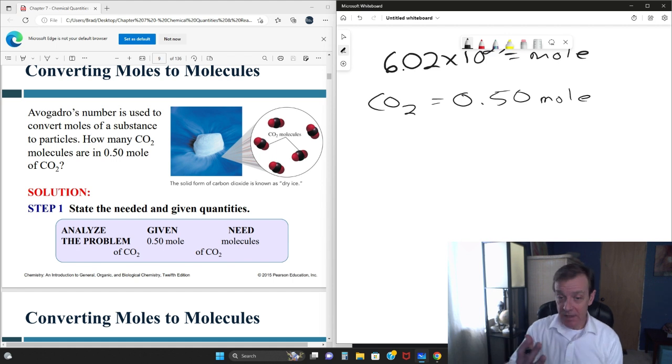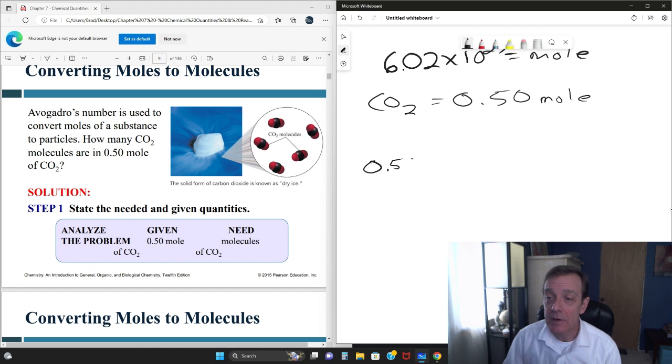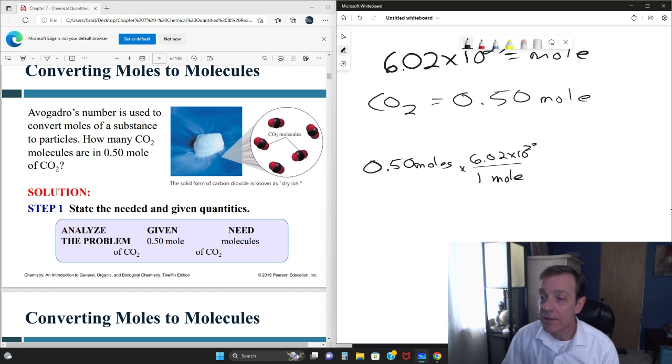So this should look kind of familiar. We'll set this up as a conversion. We have 0.5 moles that were given, and 1 mole is of course equal to 6.02 times 10 to the 23rd particles.